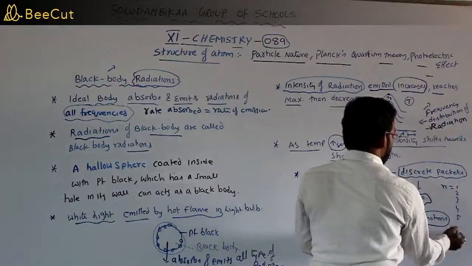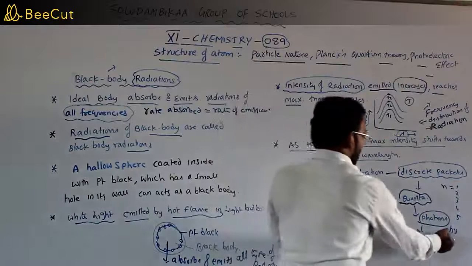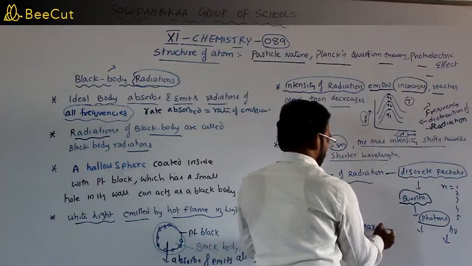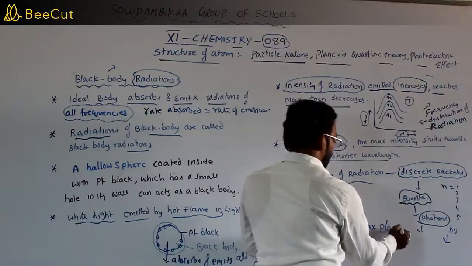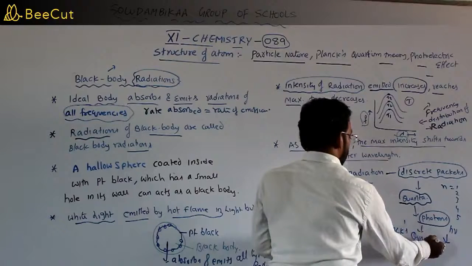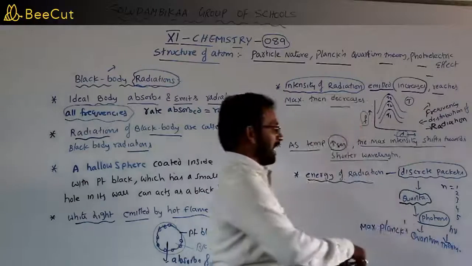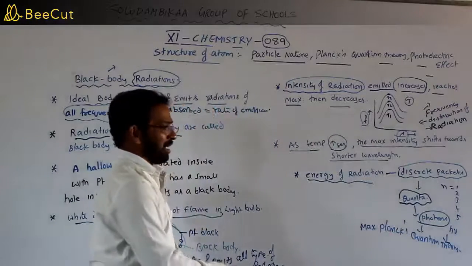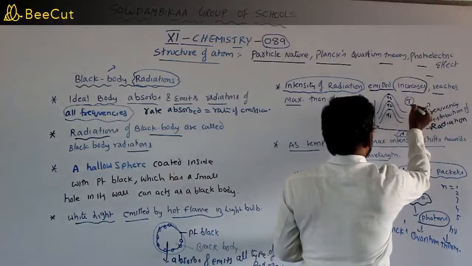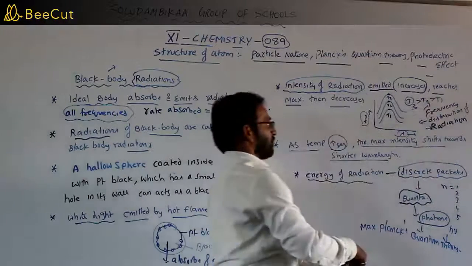Energy of a photon is nothing but h nu, where h is called Planck's constant, and this gives us Max Planck's quantum theory. In the curve, the temperature relation is T3 greater than T2 greater than T1.